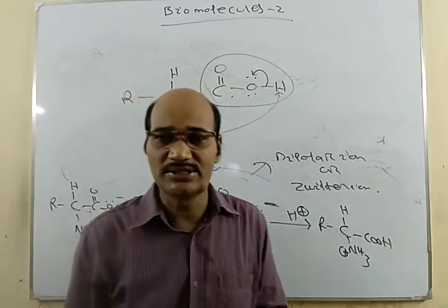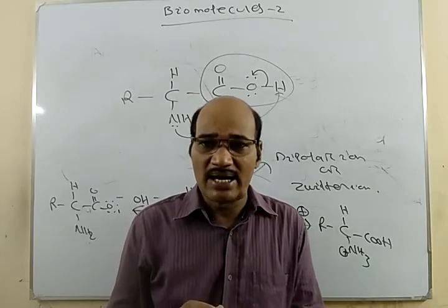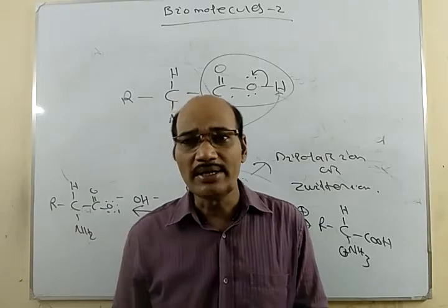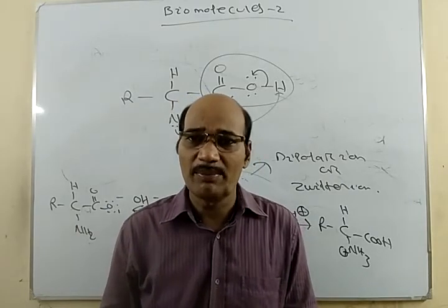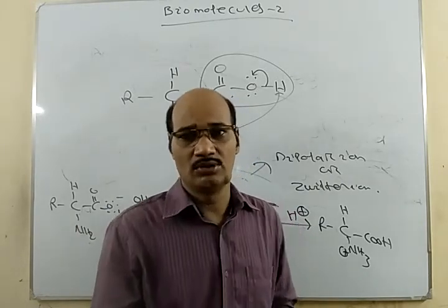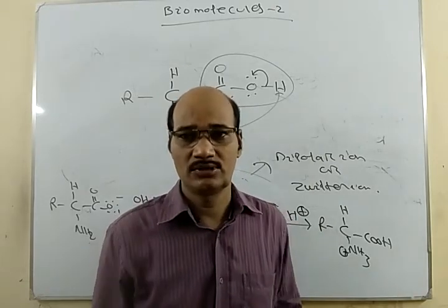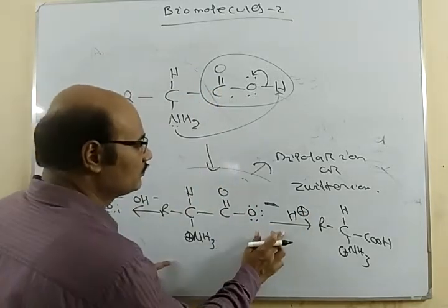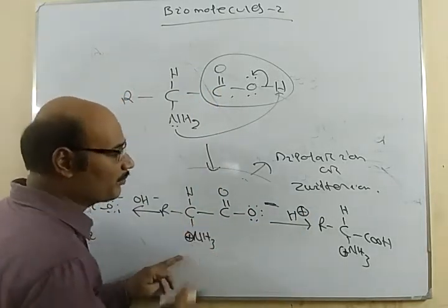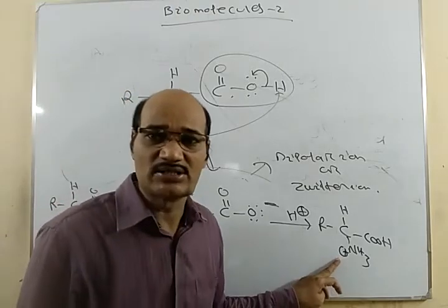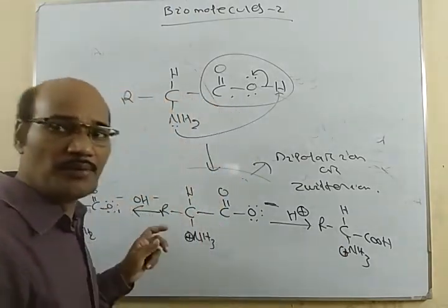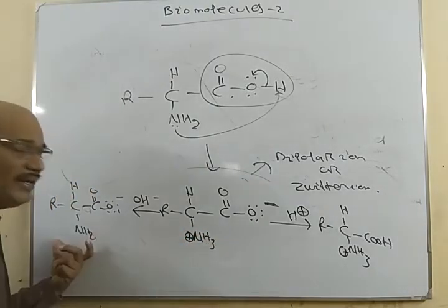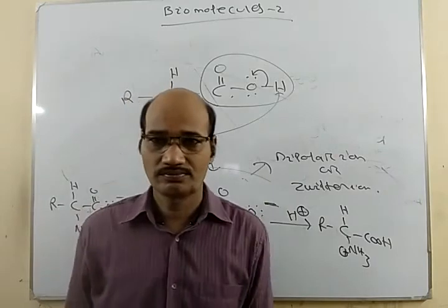So alpha amino acids migrate towards the cathode or anode in an electric field depending upon the medium of the solution, whether acidic or basic. If acidic, the ion converts into a cation and migrates towards the cathode. If basic, the ion converts into an anion and migrates towards the anode.